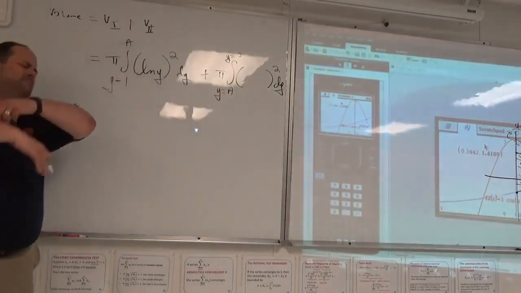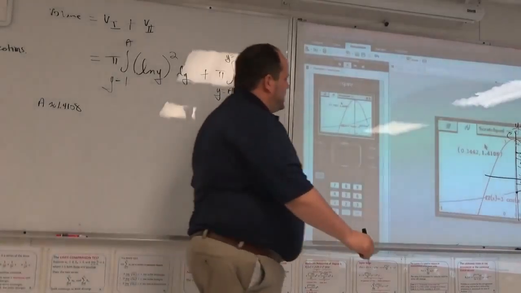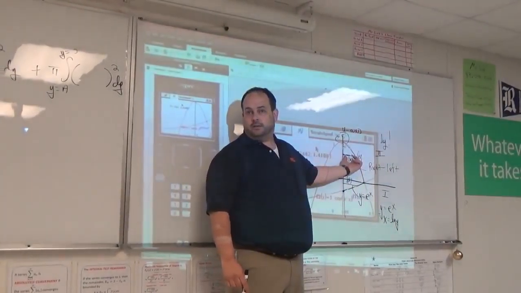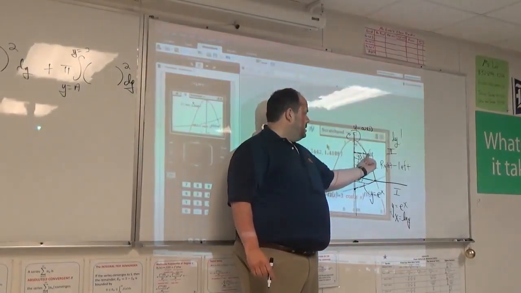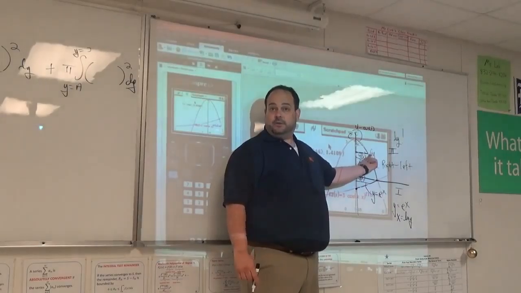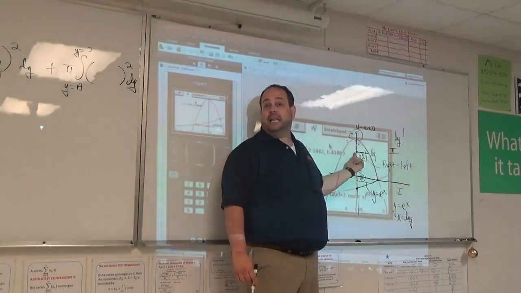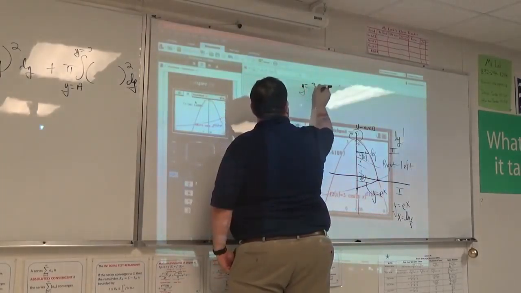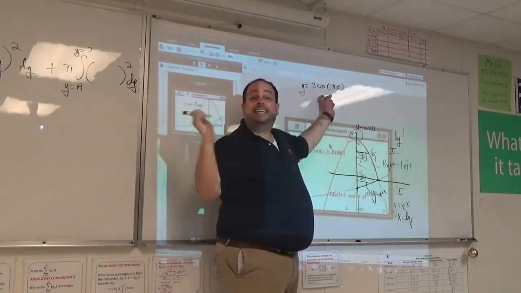Right minus left. G of x is the guy on the right. The y-axis is the one on the left. And so you might say, oh, it's just y equals 3 cosine pi x, but it's a dy integral.